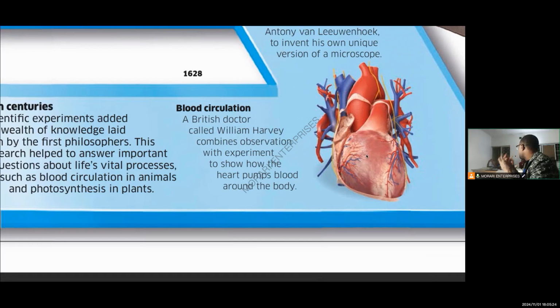And blue blood means dirty blood, young man, dirty, carrying carbon dioxide, rich in carbon dioxide. And the red blood is rich in oxygen, taking it to every cell. The blue is just the color that they put there, but it just means dirty blood. So it's just a color code for you to understand.